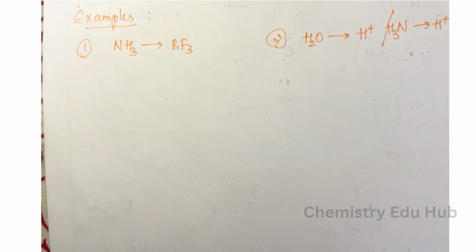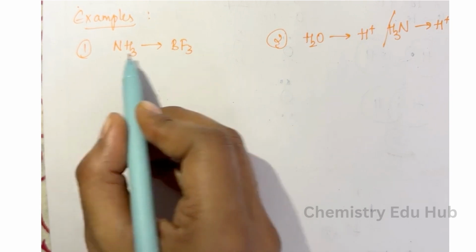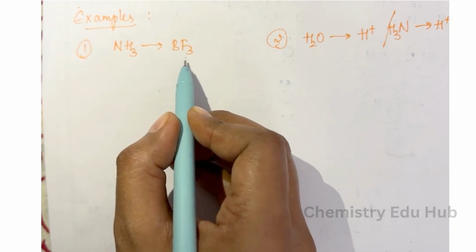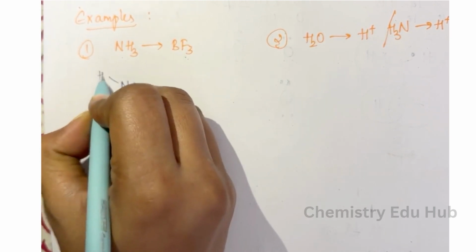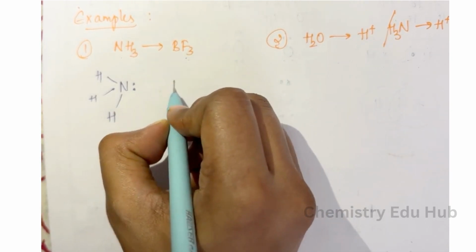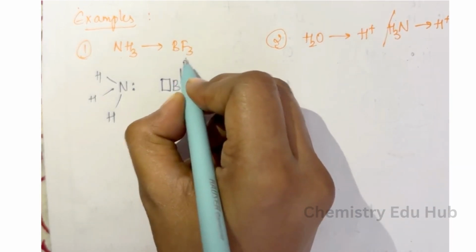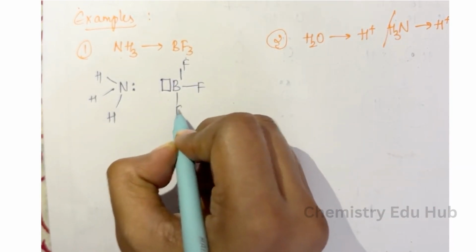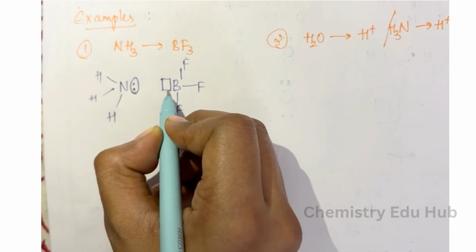Let us understand the coordinate covalent bond in few examples. The best example is between ammonia and boron trifluoride. Nitrogen has a lone pair and the central atom of boron trifluoride is boron, where the boron will have a vacant orbital. So you see, nitrogen having the lone pair, boron having the empty orbital.